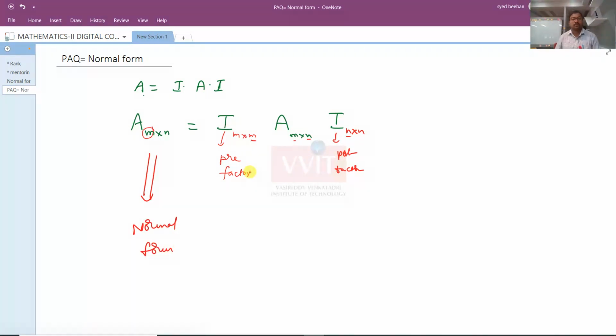In the process of reaching the normal form, whenever I use row operations, they will be applied on the prefactor. Whenever column operations are applied, they will be applied on the post factor.